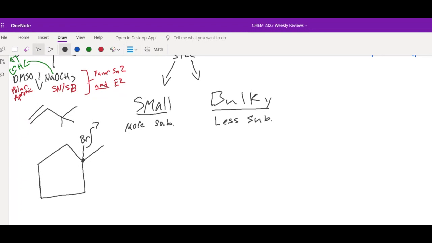If I create a double bond at the bottom position, I'm going to form a more substituted product because my double bond is substituted by three different carbons, which are right here, and right here.